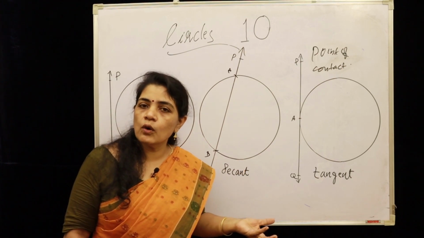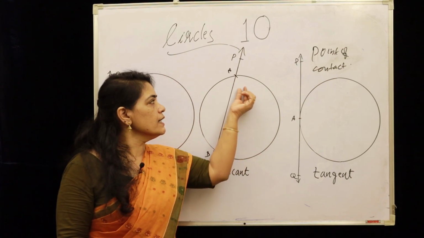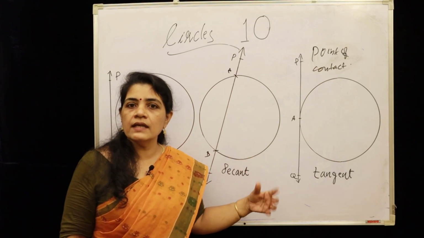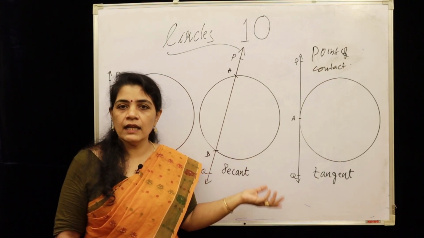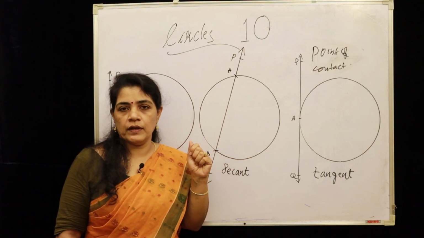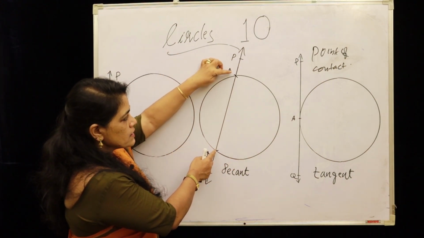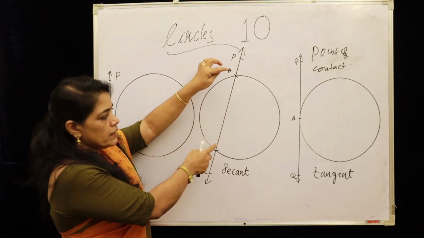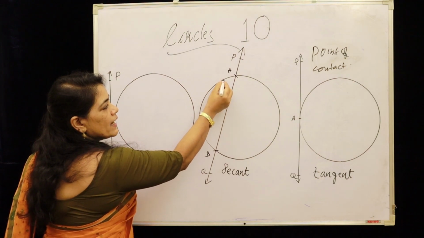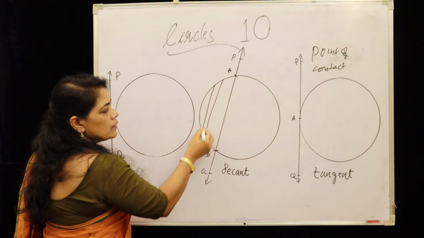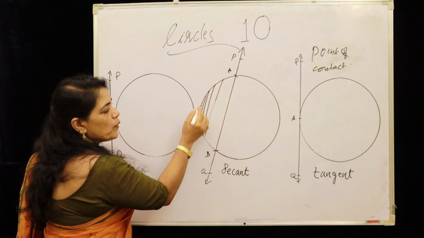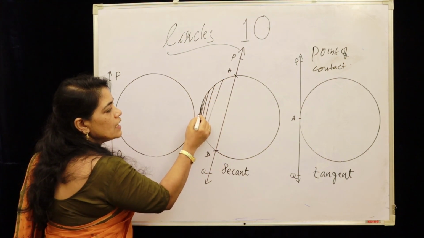Why is it so called? In the secant, the line segment AB is a chord, and it has two endpoints. When these endpoints reduce to one single point, as we move to the left side, both endpoints reduce to one single point.